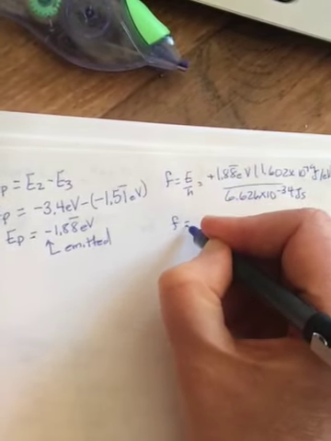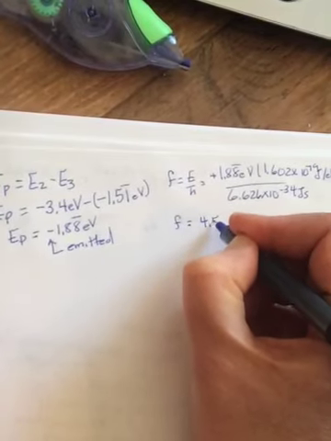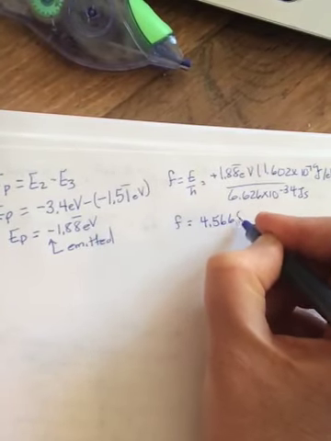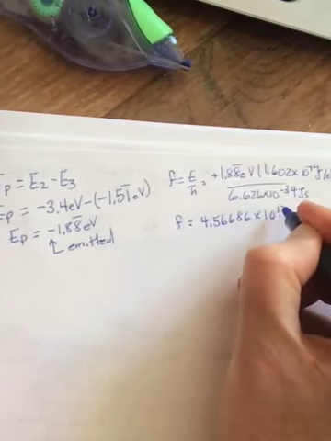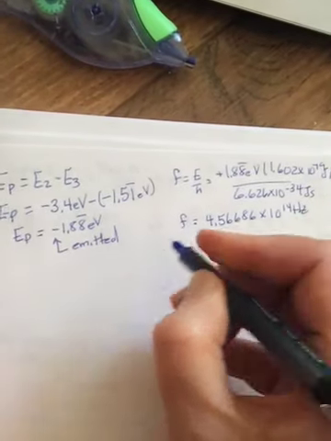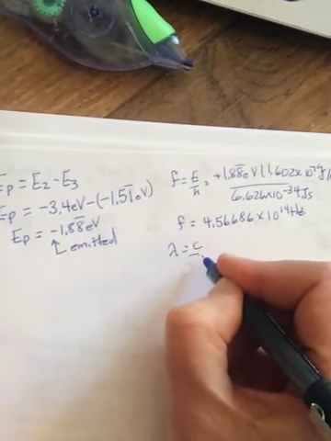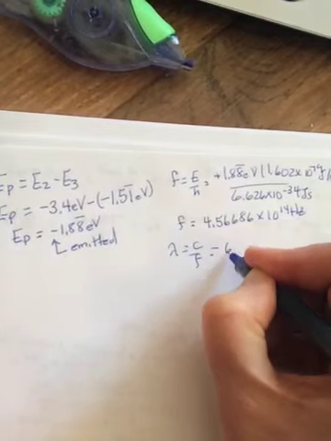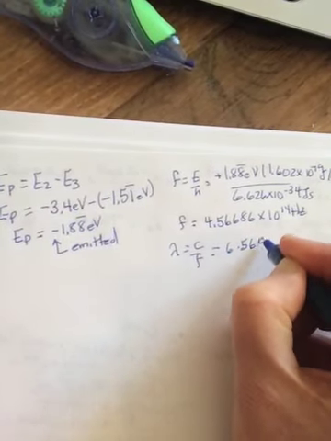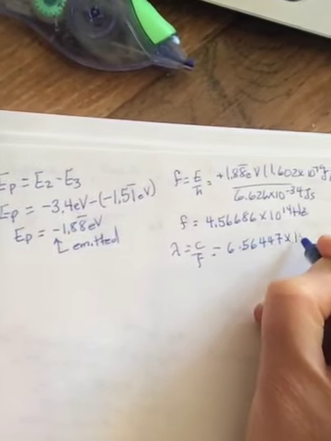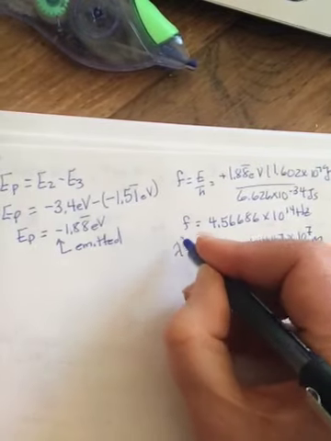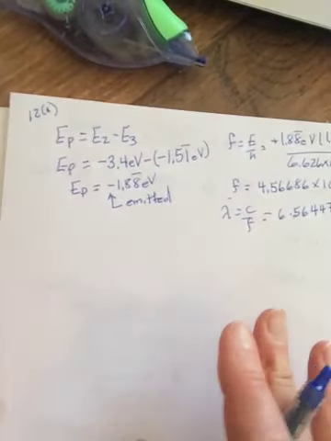So this time they didn't break it into steps, they put it all together, but it's exactly the same procedure. And then lambda is equal to c over f, and when you do that, 6.56447 to the negative 7 meters. Okay, so that's for part A.